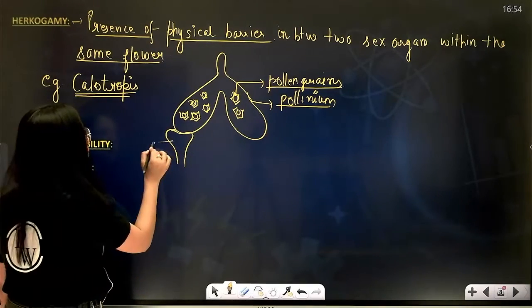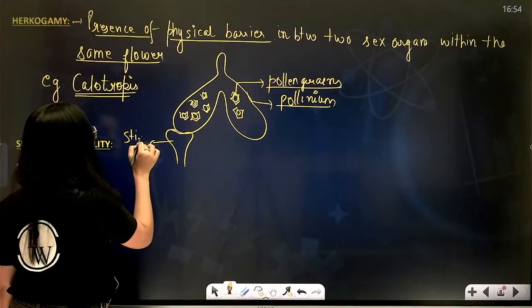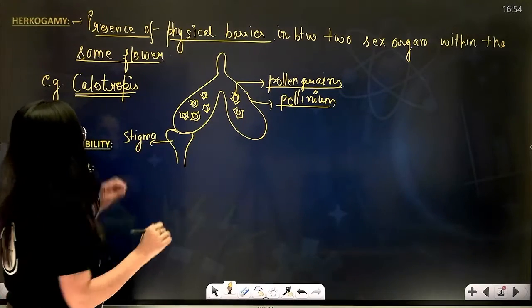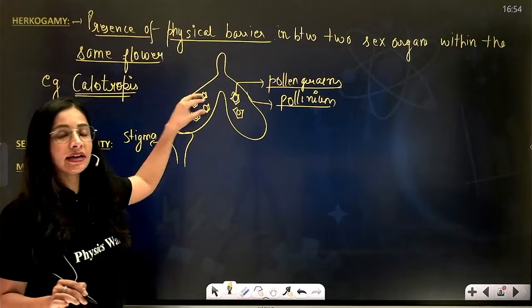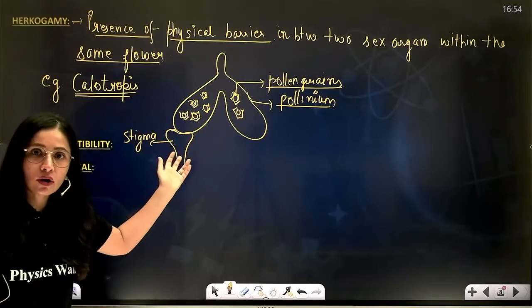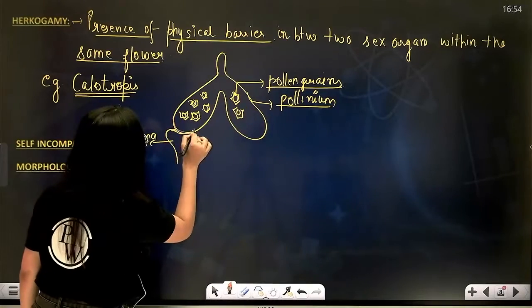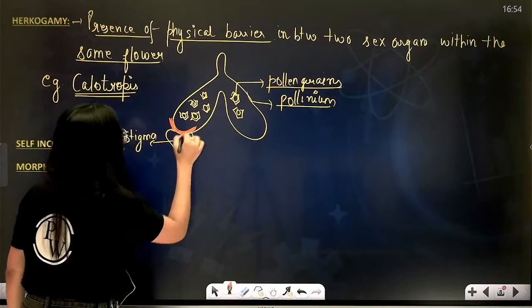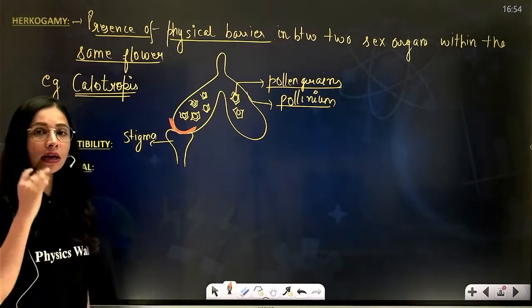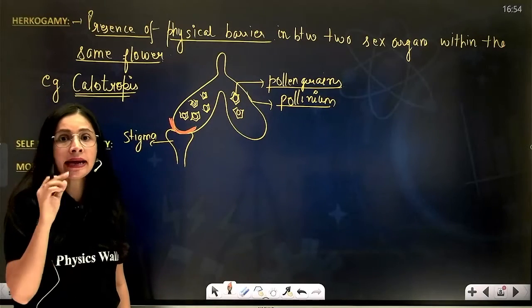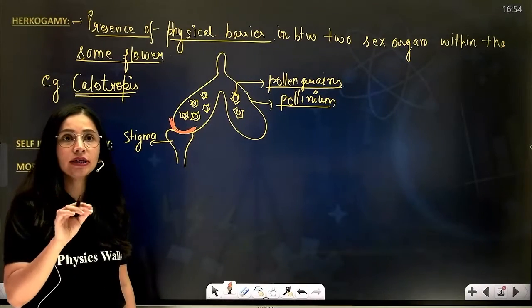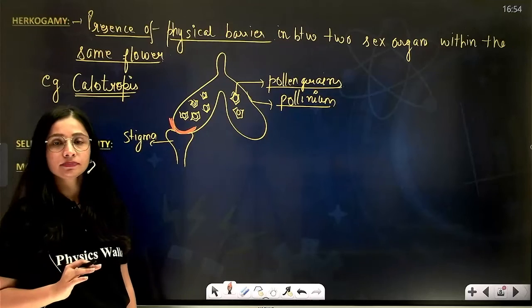Now, what happens? Can you see that here the stigma and the pollen grains cannot come in direct contact because of the presence of this sac. There is a sac in between the stigma and the pollen grain which will never let the pollen grain actually land on its stigma.